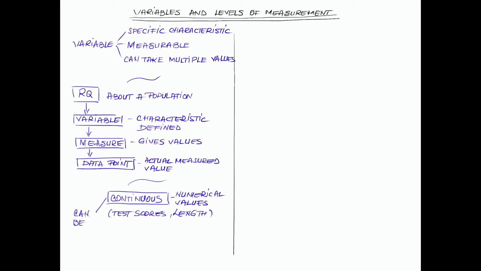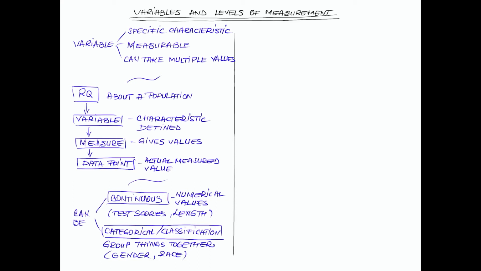But we also have categorical or classification type values, which represent categories that are usually used to group things together, like gender or race. While this classification can be useful, it can also be limiting.